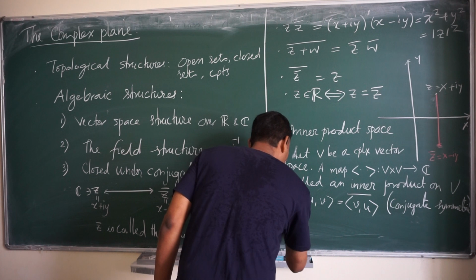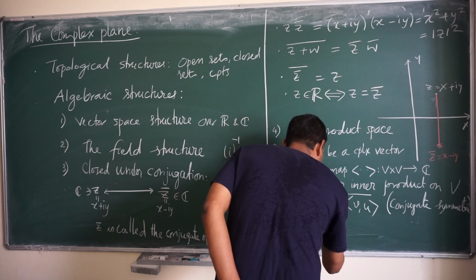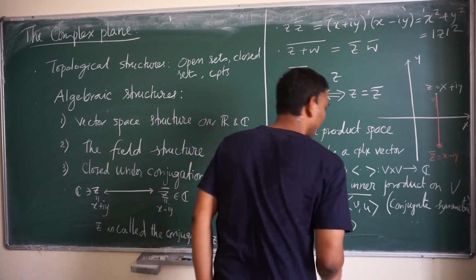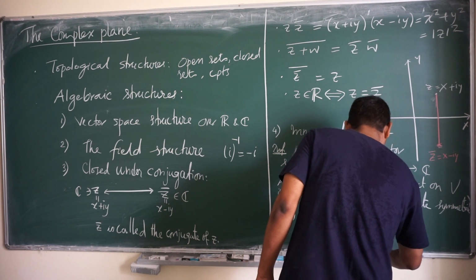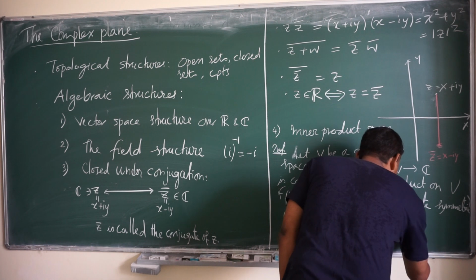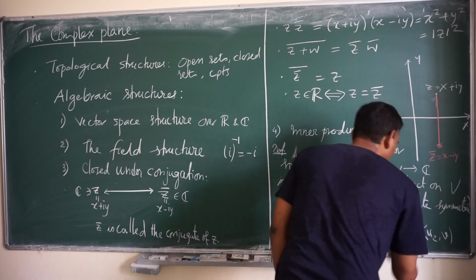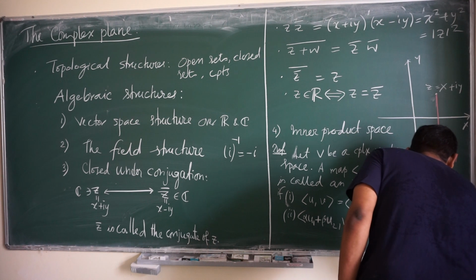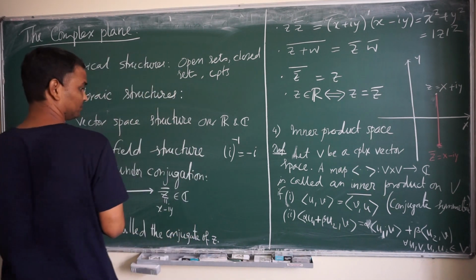Next is linearity: alpha u1 plus beta u2 comma v is alpha times u1 comma v plus beta times u2 comma v, and this is true for all u1, u2, v. And of course there are more.